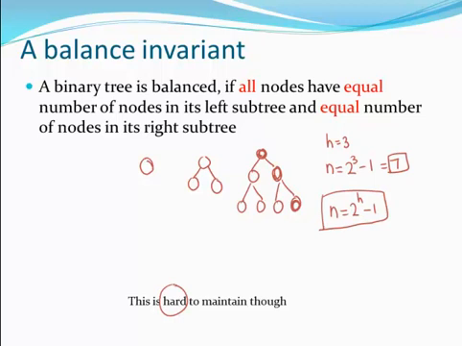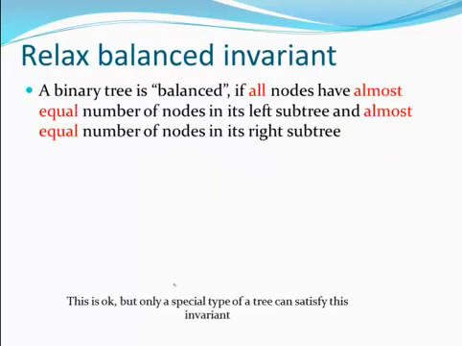So let's try to relax it a little. We now say a binary tree is balanced if all nodes have almost equal numbers of nodes in the left subtree and in the right subtree. For instance, if I take this, that would be a balanced tree under this definition, and even this would be a balanced tree.